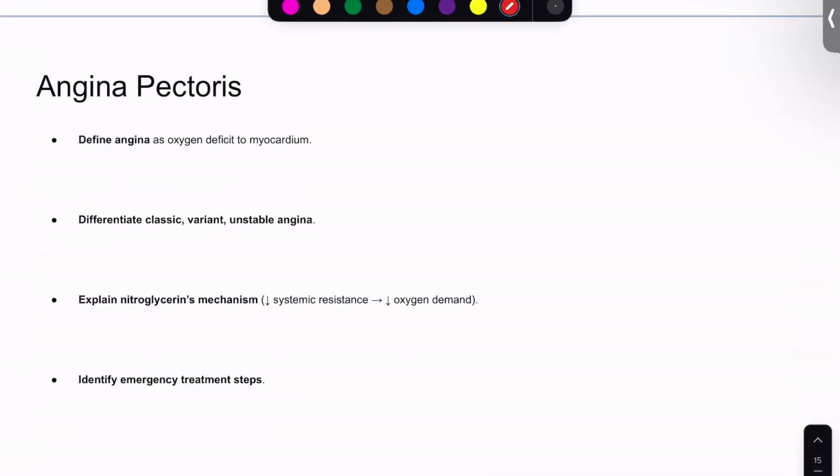Right, angina pectoris. So what even is angina pectoris? Angina pectoris is chest pain that is caused by an oxygen deficit to the myocardium.